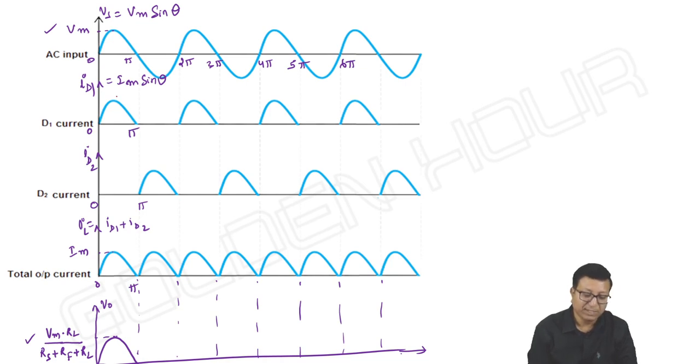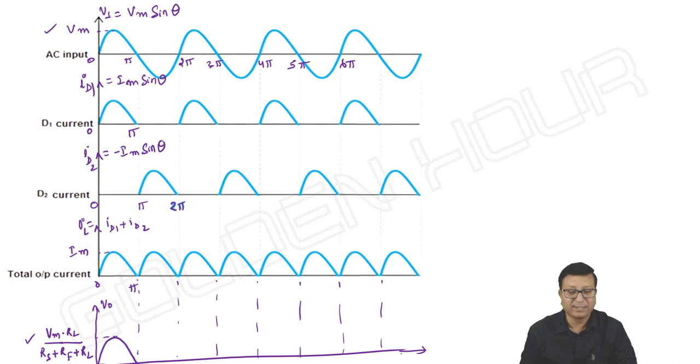So from 0 to pi, IL is Im sin theta, and from pi to 2 pi, IL is equal to ID2. How can we write this equation? It is minus Im sin theta.